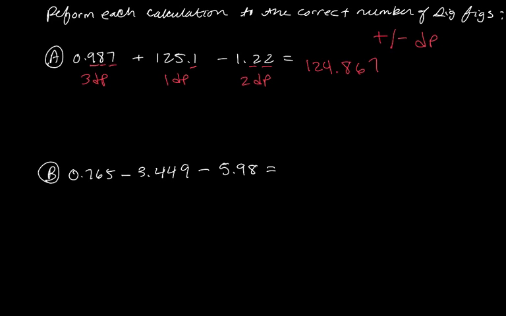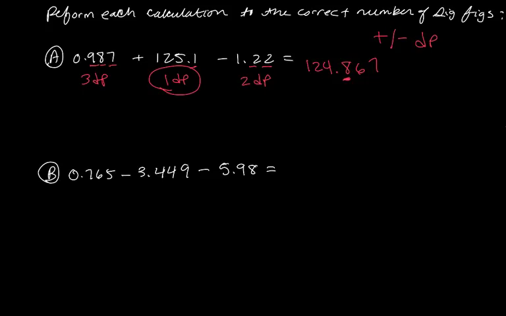But we don't want to report it like so, because we are bound by the least number of decimal places in our given measurements, which happens to be 1 decimal place here. So we will stop right there.